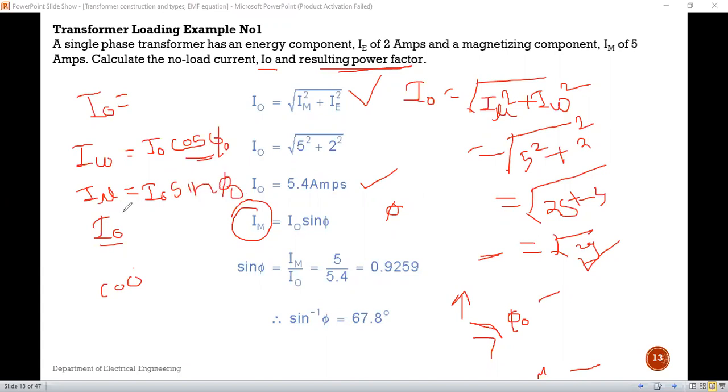Using this formula you will get the value of phi 0. You have to calculate phi 0, and taking the cos of phi 0 gives the power factor. If we use the direct formula, you will get cos of phi 0 directly. Use whichever formula you like.